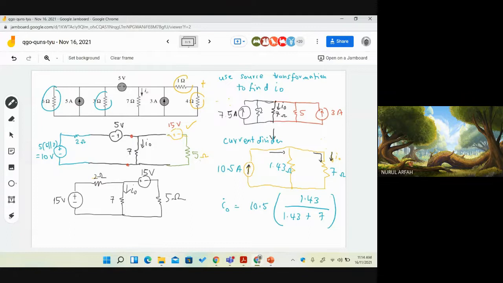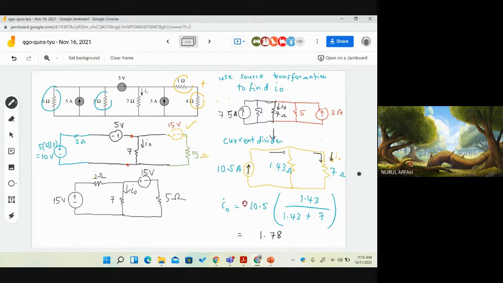Confused. Okay, buka your notes. A plus or minus? Sekejap, saya kira 1.43 divide. Macam lain je.